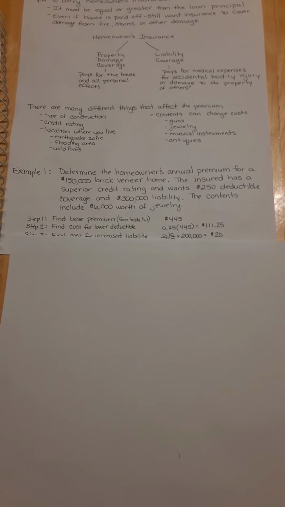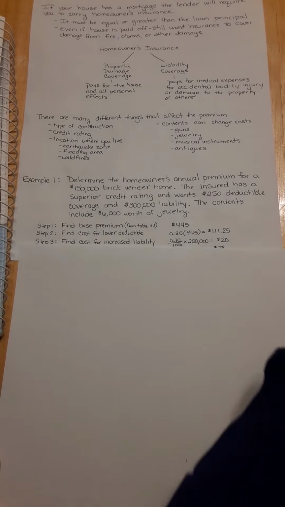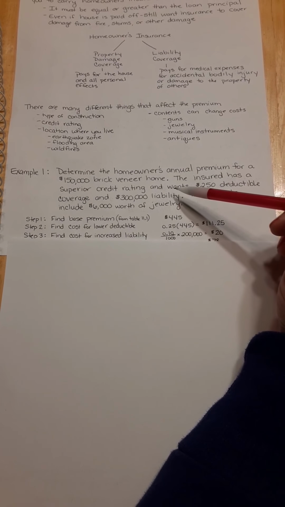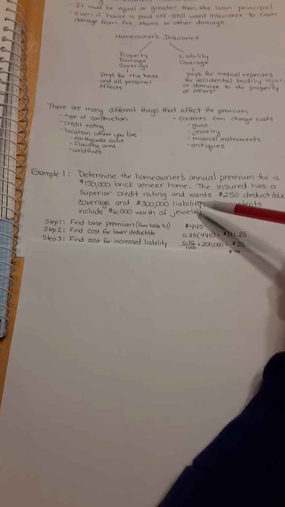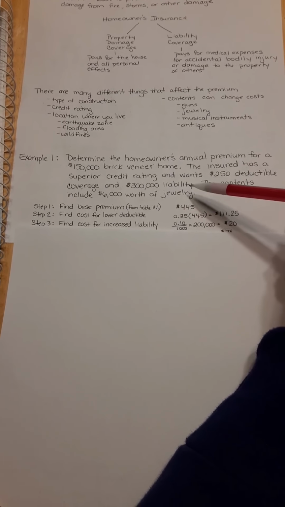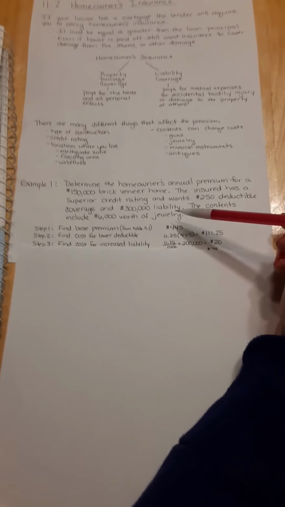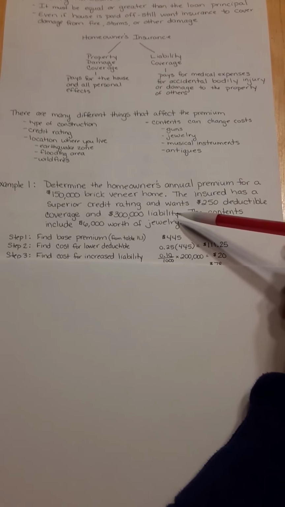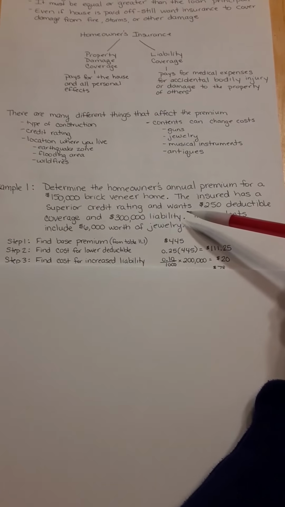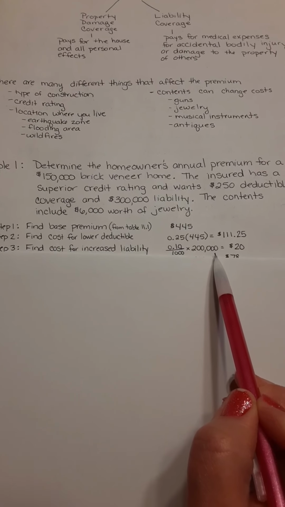Okay, the next thing we need to look at is cost for our liability. Here we figure that everything that we've included in our house is more than the standard $100,000 liability. So we want to have more coverage for it, so we want to pay extra. Because the standard is $100,000, we are only going to have to pay for an extra $200,000. So if you notice in my figuring here, I have $200,000, not $300,000.